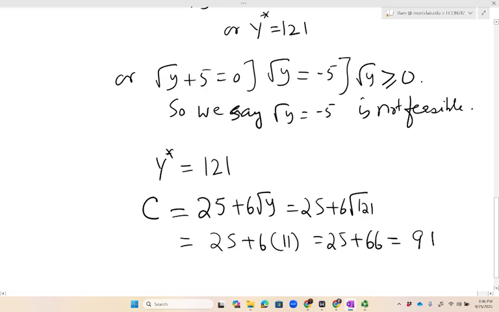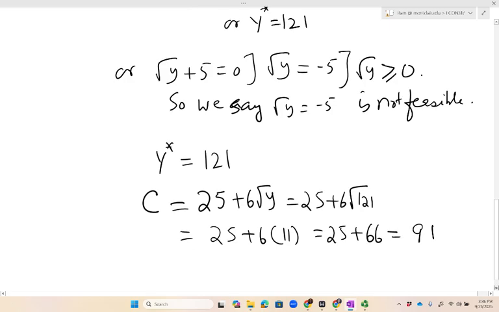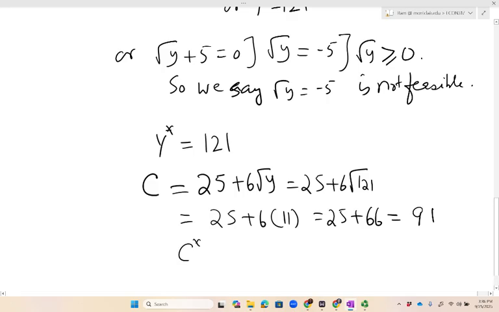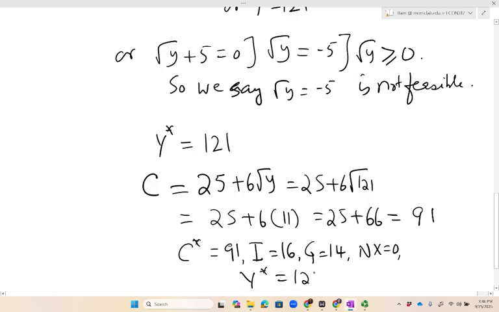So that will be the household consumption in equilibrium, called C star, to be 91. I already know I is given to be 16, the government expenditure is 14, net export is 0, which gives me y star to be 121.